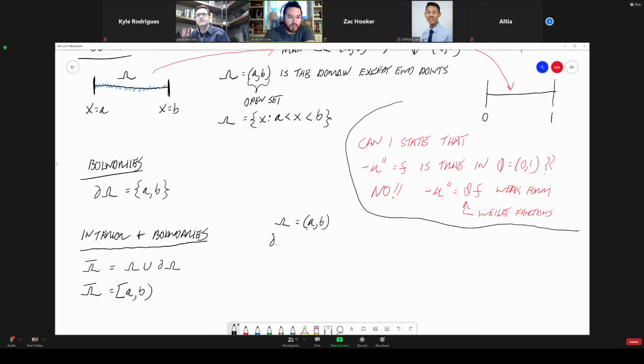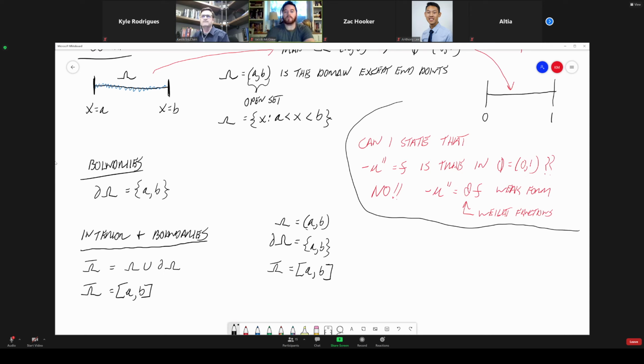Is it purposeful that there's a square bracket on the left side and a curved bracket on the other? No, I was actually just going to point out that it's supposed to be a curved bracket when it's just the interior. It is curly brackets when it's just the boundaries. You should have a bar over the top, but if the bar is not present and you have square brackets, that means that you are including the boundaries.